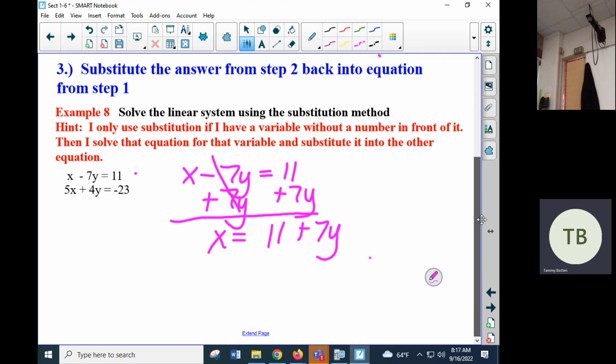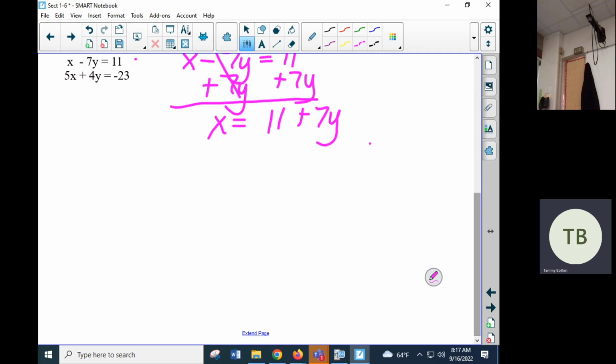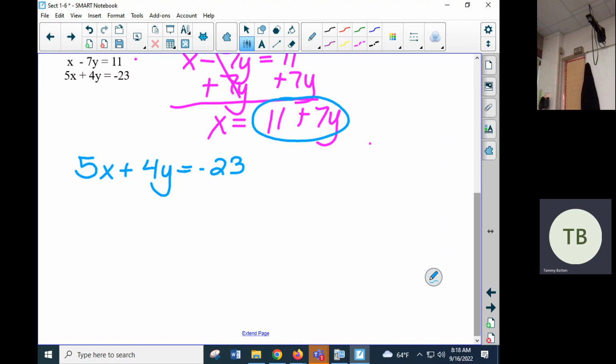So now what we're going to do is we're going to take our second equation, which is the 5x plus 4y equals negative 23. Okay, and we're going to take this expression for x and we're gonna substitute it into that second equation where x is.